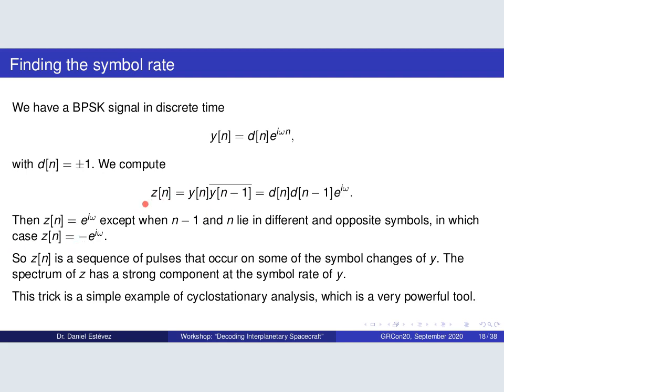So what this signal Zn looks like is a sequence of pulses which occur on some of the symbol transitions. And by looking at the spectrum of Zn, we can see where this characteristic frequency about the symbol rate happens. And this very simple trick comes from cyclostationary analysis, which is a very powerful theory and tool we can use to explore many different aspects of modulations.